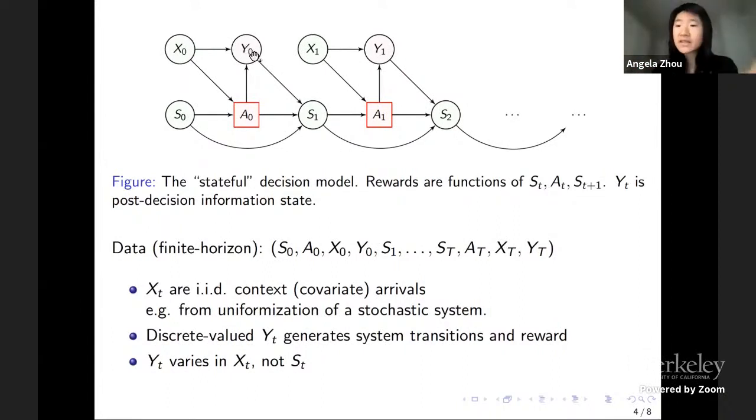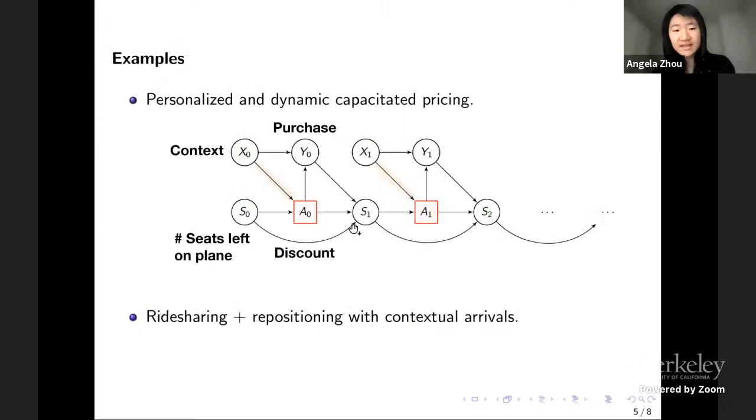Once I observe the response of the individual, I deterministically know how the system transitions. But the key argument here, and I'll illustrate this in an example, is that in this class of problems, suppose that the causal response is conditionally independent of the system state. So I'll illustrate this for the case of airline revenue management or dynamic pricing. There's a lot of algorithms that have been successfully deployed in this context.